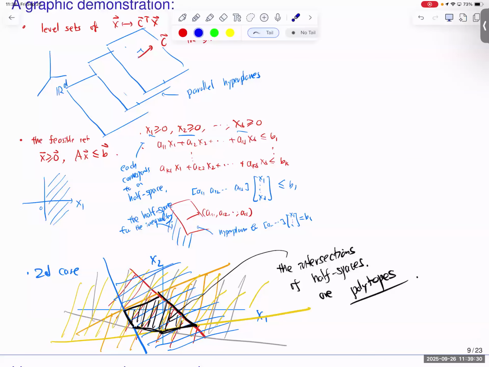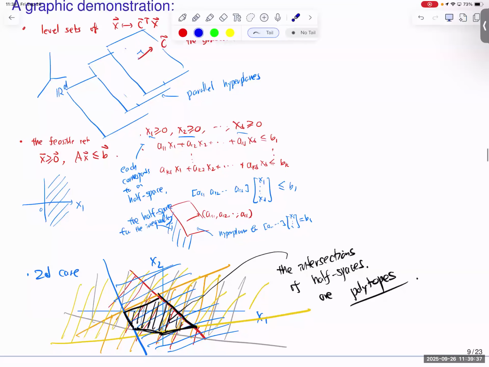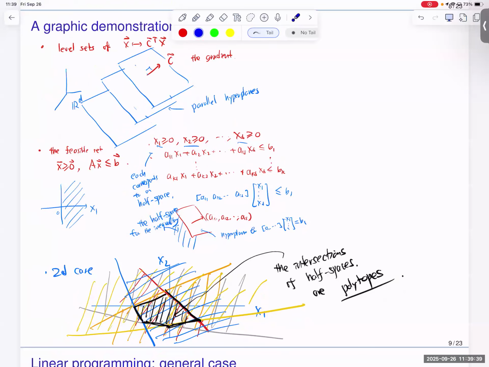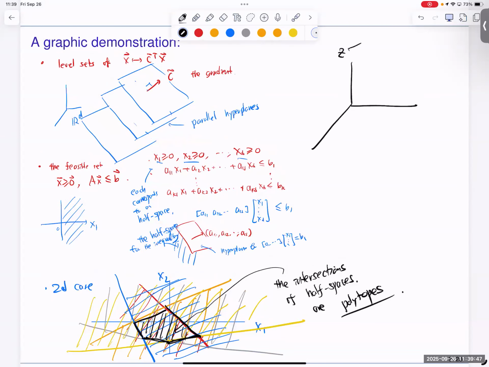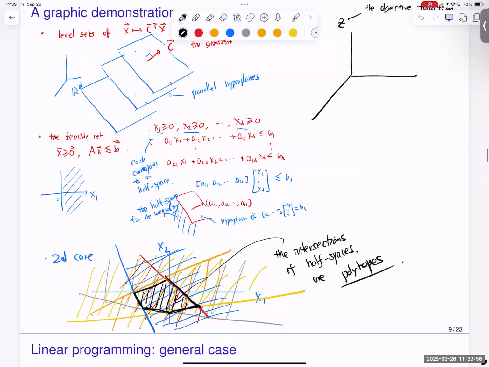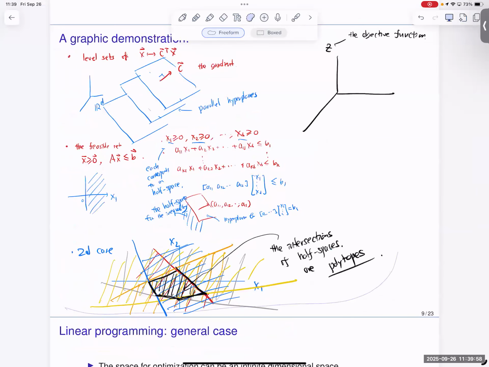So that's the basic feature of the geometry of the feasible set, and then the objective function. So then you can draw it this way. Let's say z just represents the objective function.